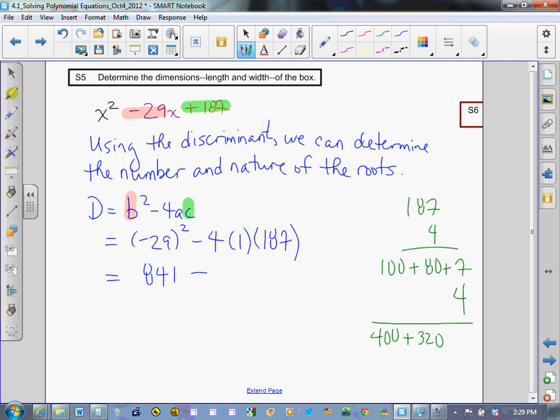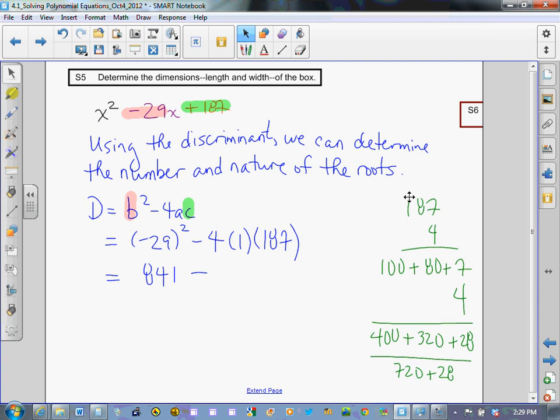Because that's 4 80s, plus another 28. If you add all of these together, what you're going to come up with is 720 plus 28. So lo and behold, it actually works out to be 748, which was the number that we had as the capacity of the volume, or the volume of the box.